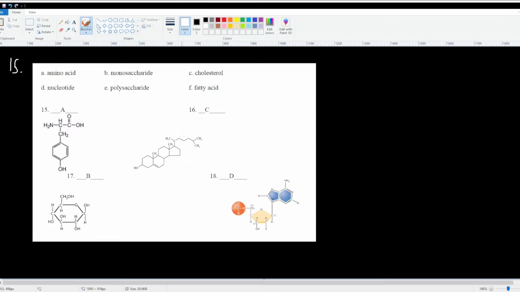Number 15 is asking us to recognize each monomer. Sorry, it's asking us to recognize each molecule, right? So these are all monomers, right? So let's look at these individually. This is 15 through 18 actually, sorry.